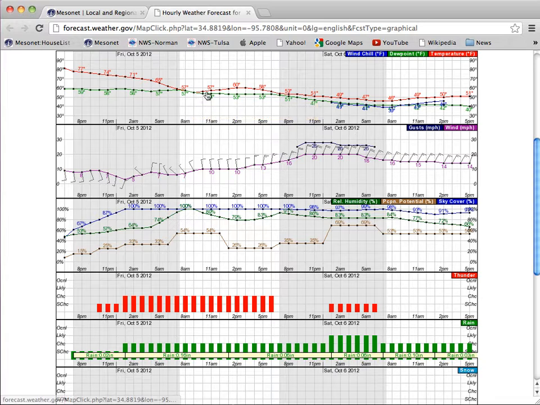Through the day, the white area, that temperature does not rise very high, only getting up to a 60, and then we can see that falling again, getting to a low of 46 at 8 a.m.